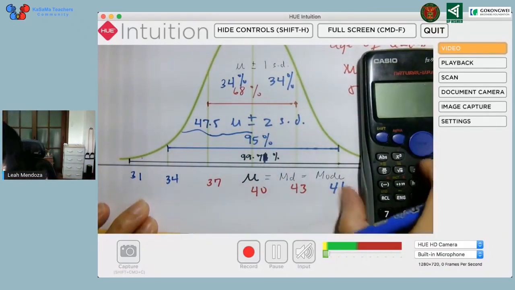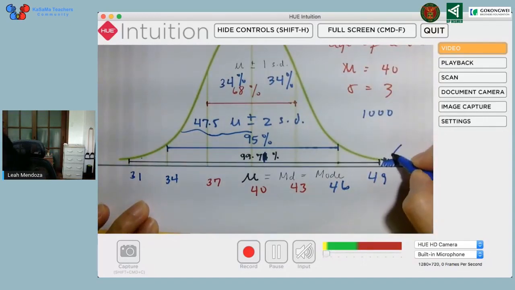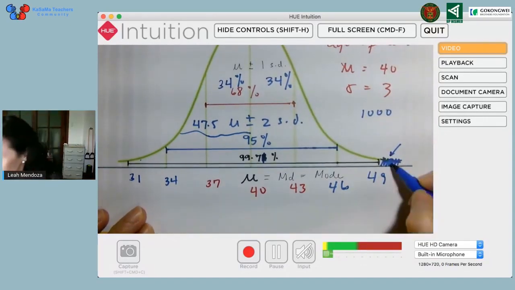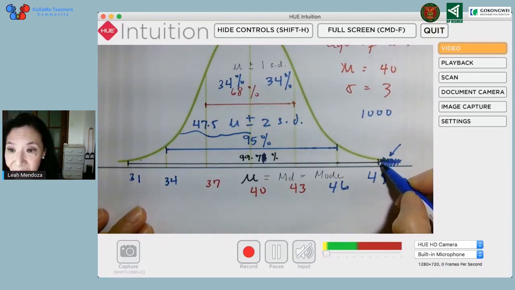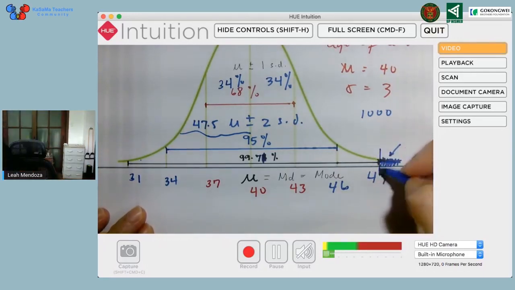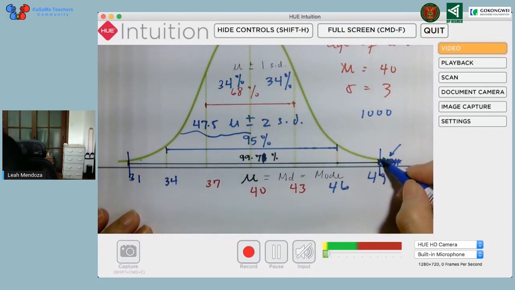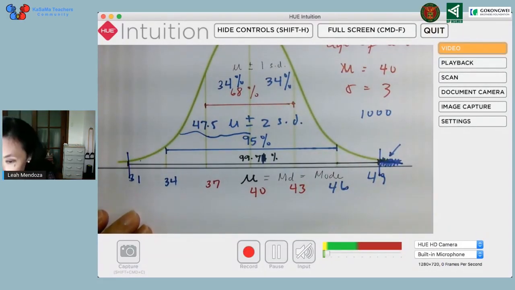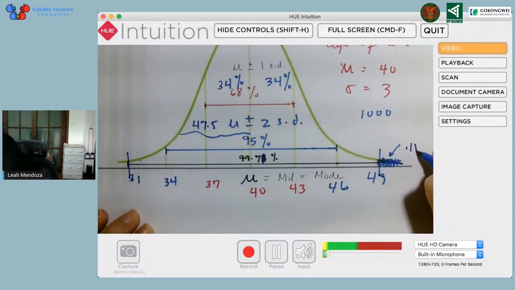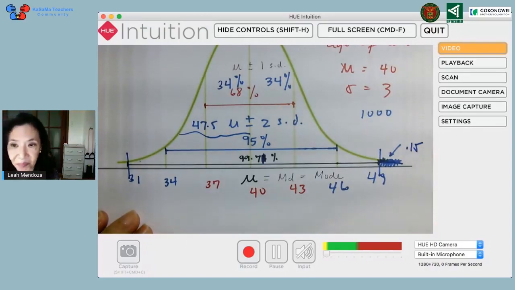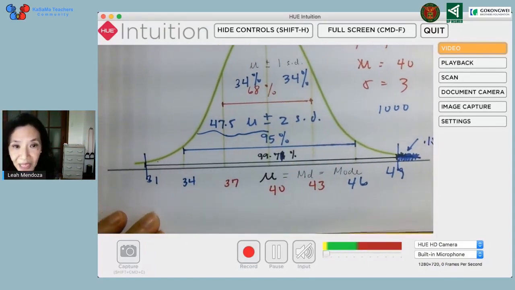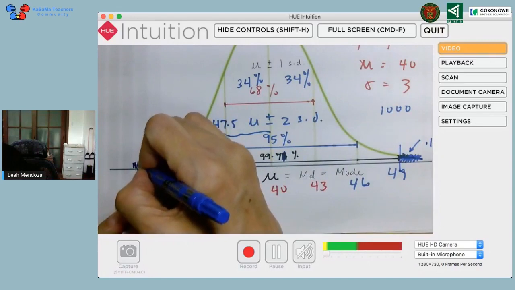What is the size of this area? This blue area here. This is the 3 standard deviations, this and this. So I'm talking about this area here. Very good. This is 0.15. Okay, that is 0.15. And what is this one here?